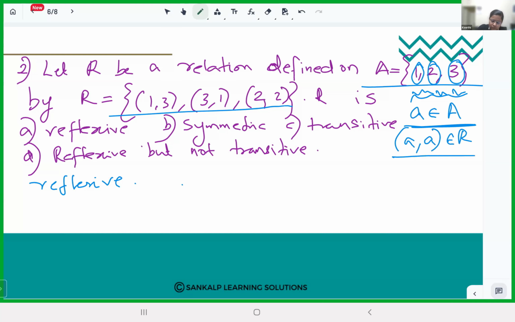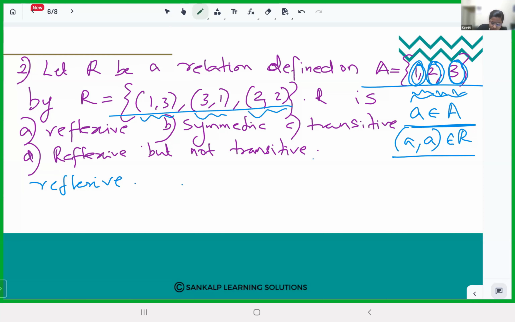So here we have to get the ordered pairs (1, 1), (2, 2) and (3, 3) in the relation, since 1, 2, 3 are the elements of the set. Check whether they exist in the given relation, which contains only (1, 3), (3, 1) and (2, 2).